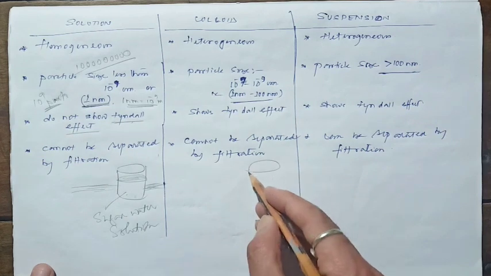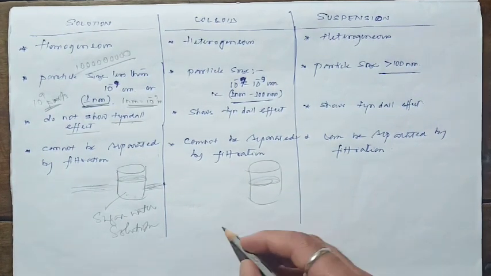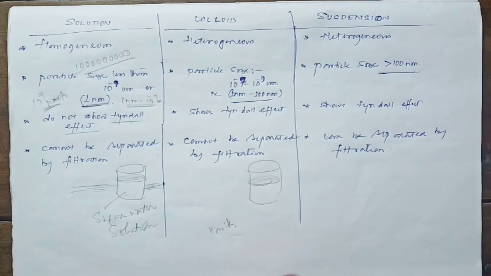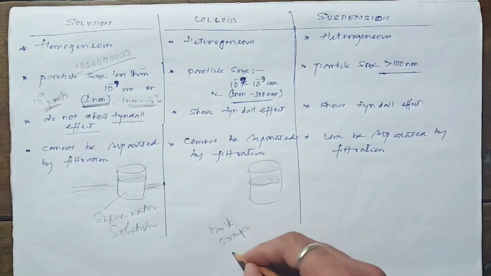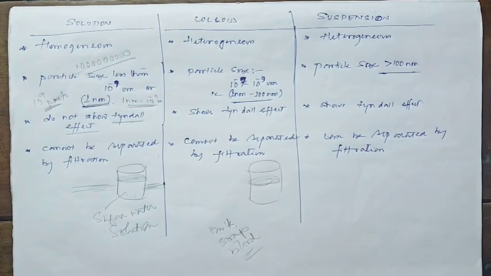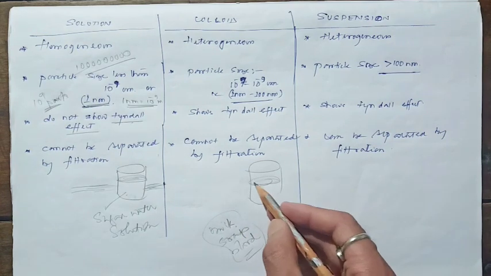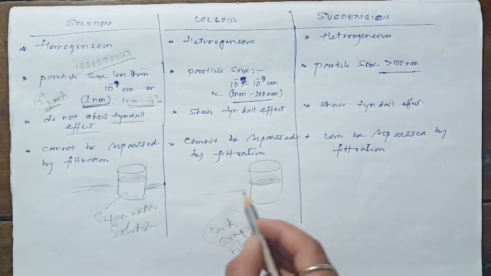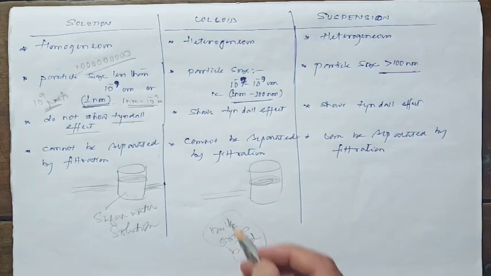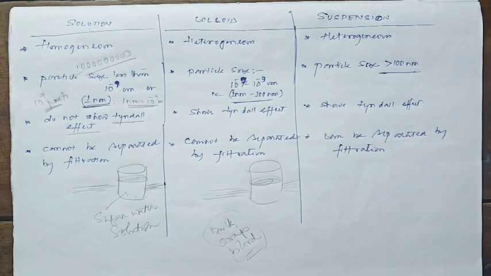Now in case of colloids, let's understand. There are many examples of colloids. Say, milk is a colloid. Soap solution is a colloid. Blood is a colloid. Many more examples are there, but these are very familiar to us. Suppose we have milk or a soap solution. If I pass light through this soap solution, we can see the light passing on the other side.